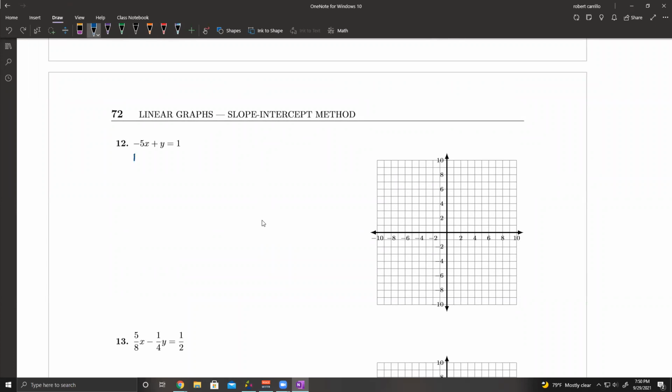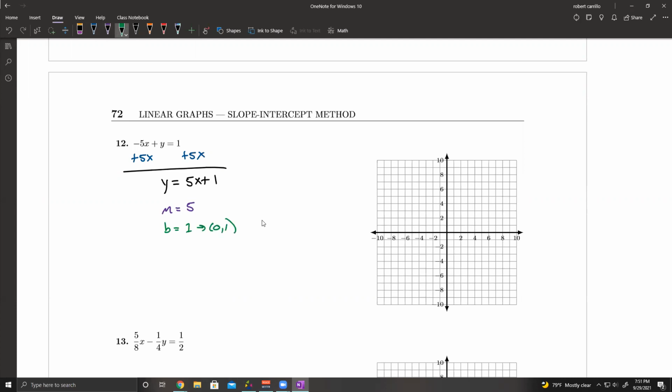It's negative 5x, so we're going to add it, and we end up with y equals 5x plus 1. Look, it's already in slope-intercept form. What's my slope? 5. What's my y-intercept? 1.